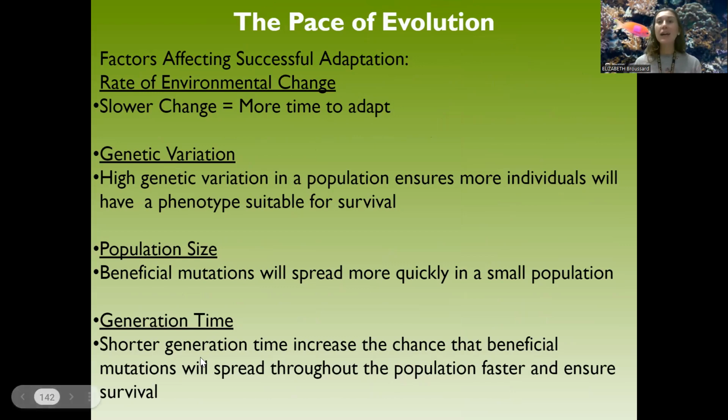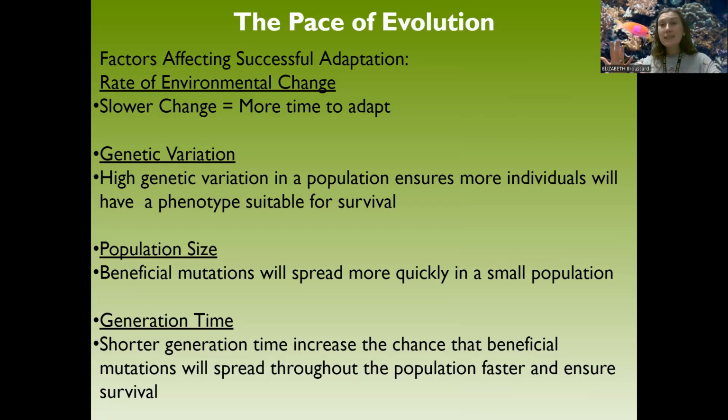Finally, generation time. This probably makes the most sense to you guys. If I have individuals with short generation times, the time it takes for a mutation or a change to spread throughout the entire population is going to be much faster. Say it takes 100 generations for something to go from one individual to the entire population.